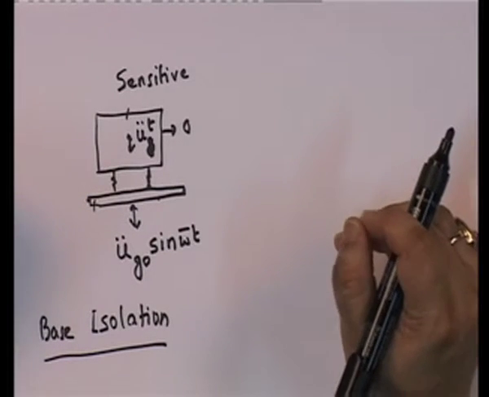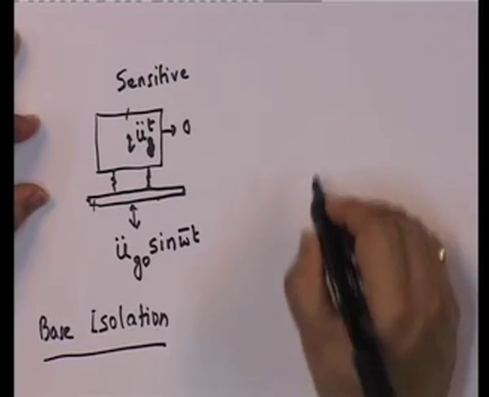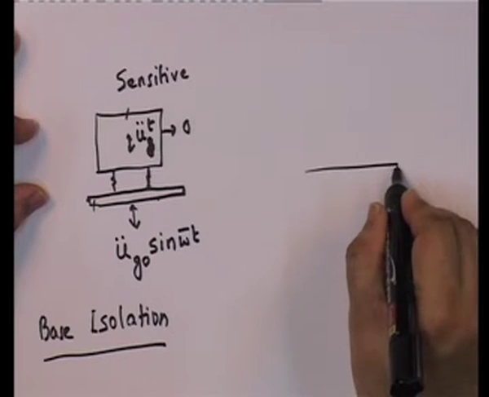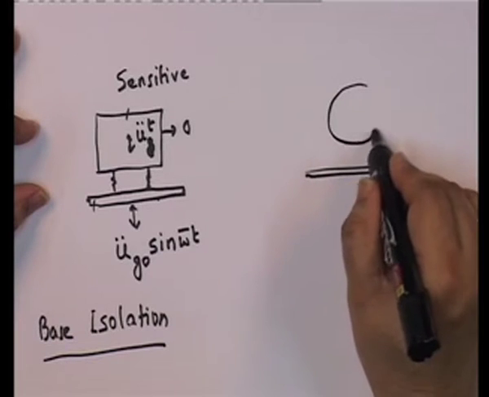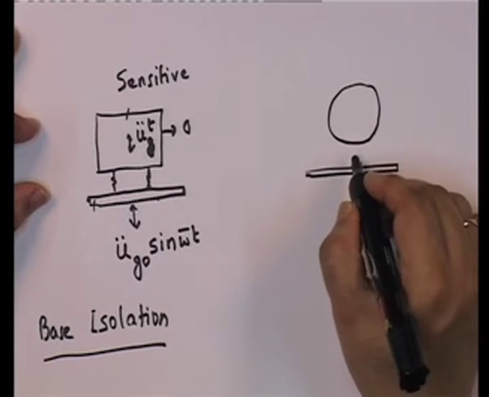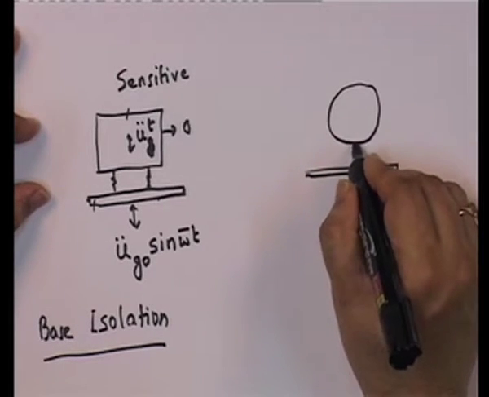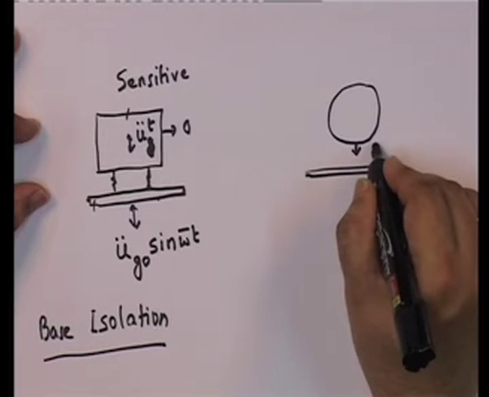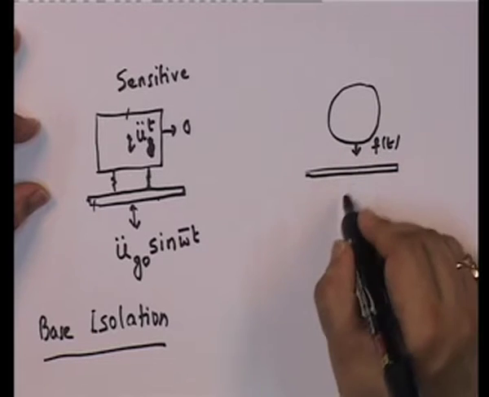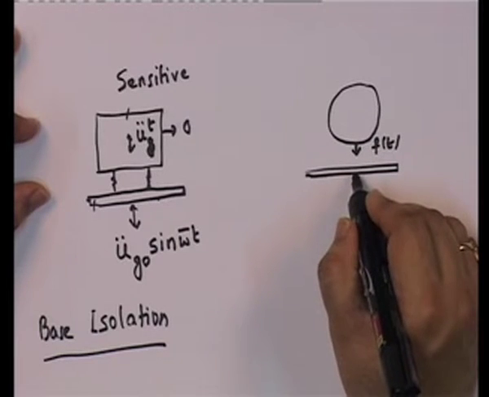The other problem is just the reverse of this. What I have is a machinery. A machinery is transmitting a particular force to the floor.